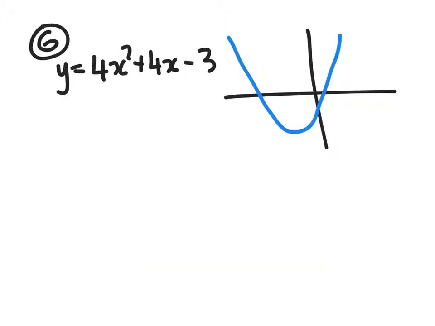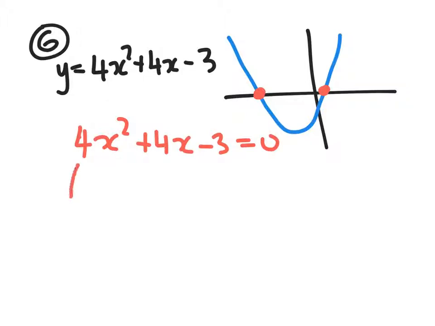Question 6. Now this is awkward because there's lots of fractions involved here. So we need to find the roots first of all, so those red dots. How do we find those? Then we solve 4x squared plus 4x minus 3 equals 0. This factorises into 2x add 3, and 2x minus 1.